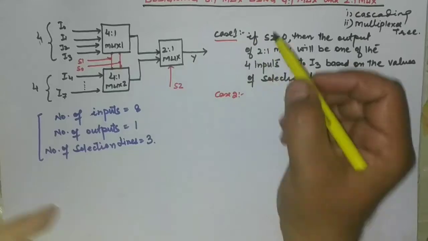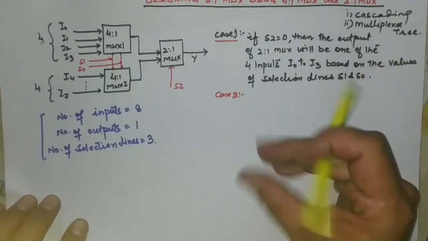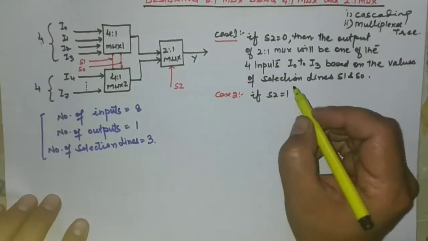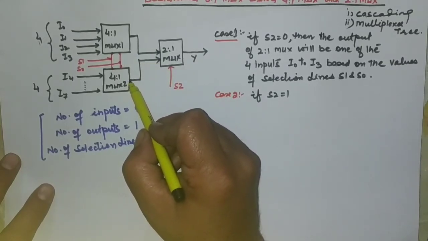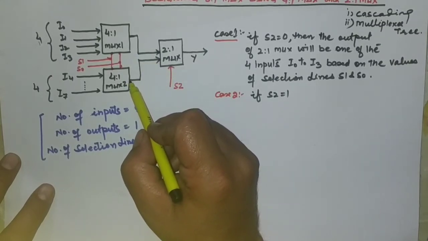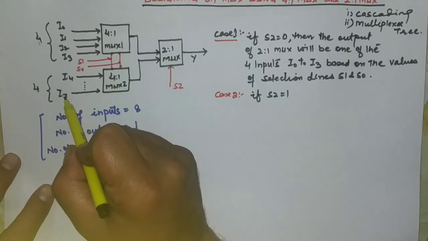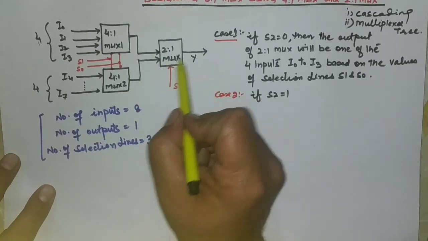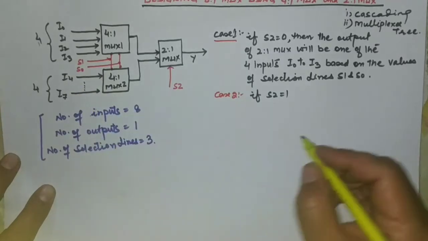Case 2. Case 2 means when S2 is equal to 1, this particular input will be selected, and obviously it means that inputs from I4 to I7 will be directed as output based upon the combination of S1 and S0.